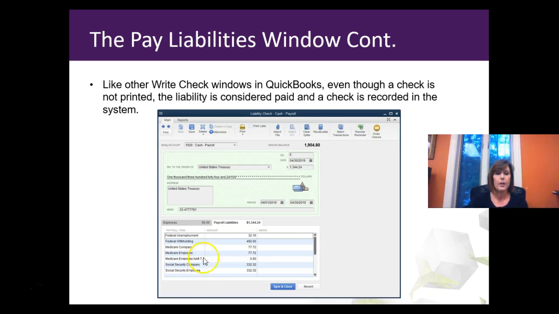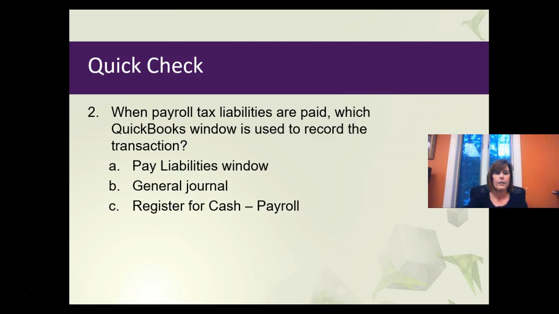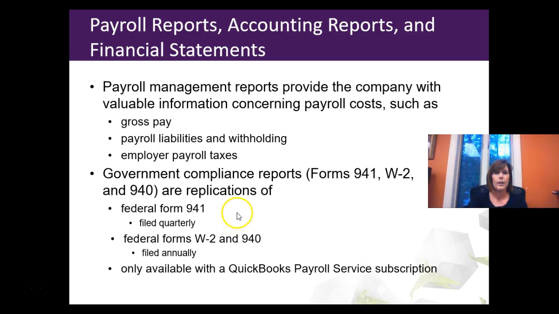And so here is basically the check stub that shows all of the different items that are going to be remitted. And QuickBooks will allow you to do that electronically, and so you can set that up separately.